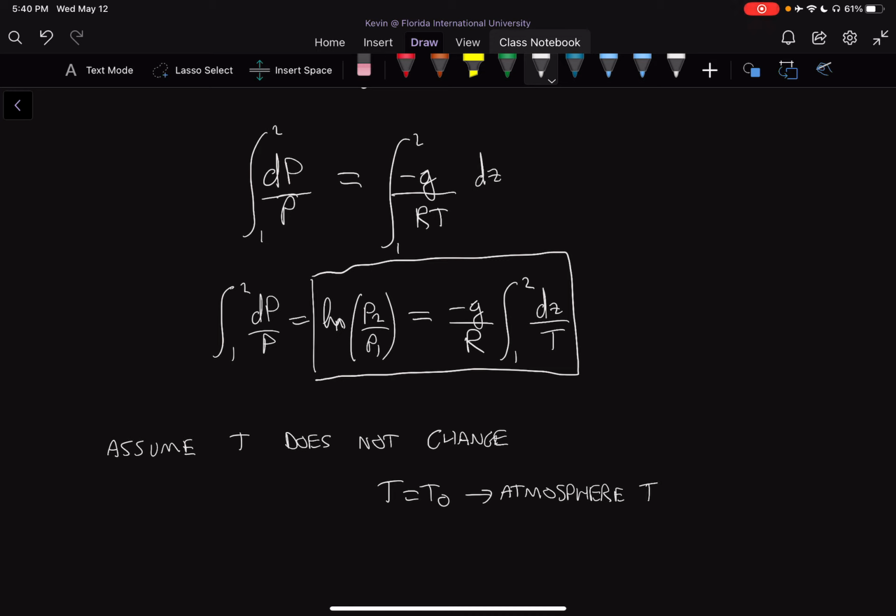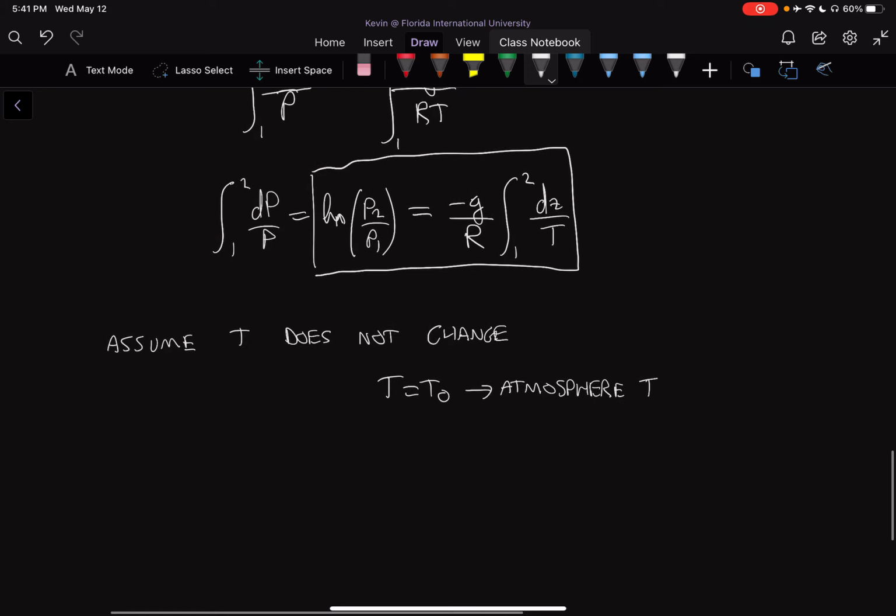When we assume that temperature does not change, we rename T as T0, and for fluid mechanics people, this is the atmospheric temperature. So we now have ln of P2 over P1 is equal to minus g times Z2 minus Z1, now that the integral is alone, divided by R T0.